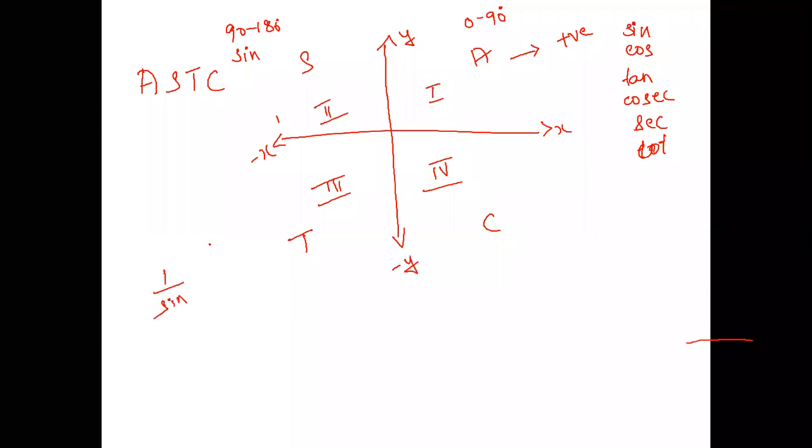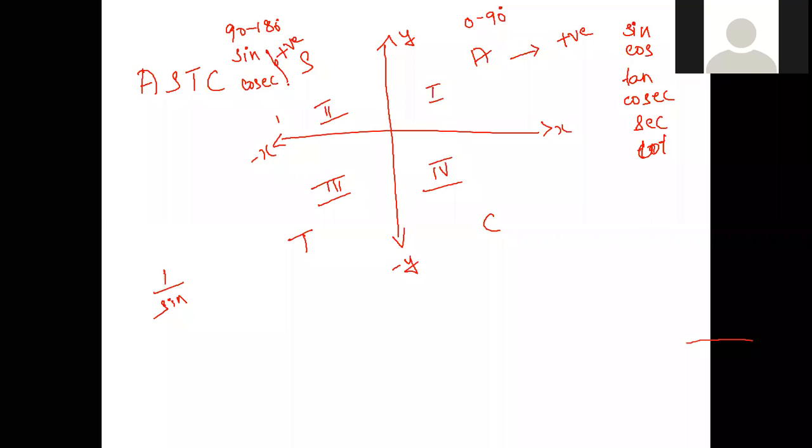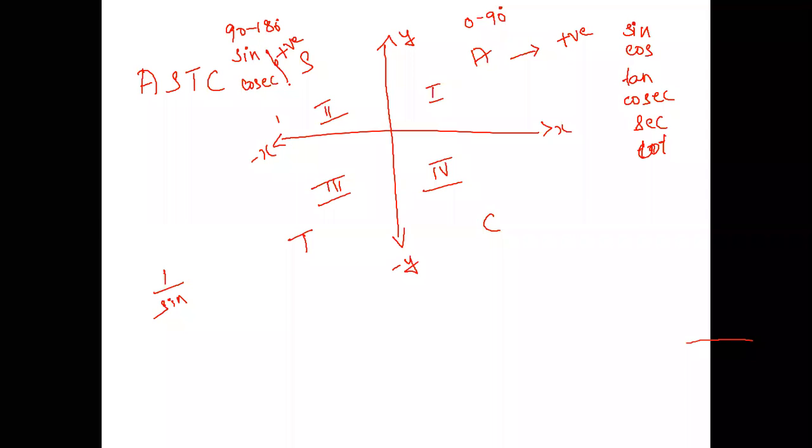Good, Danishwari. So except sine and cosecant, every other trigonometric function is negative in the second quadrant. So sine and cosecant are positive, and all the other four, which are cos, tan, secant, and cot, are negative in the second quadrant.